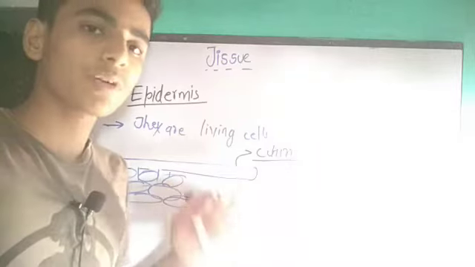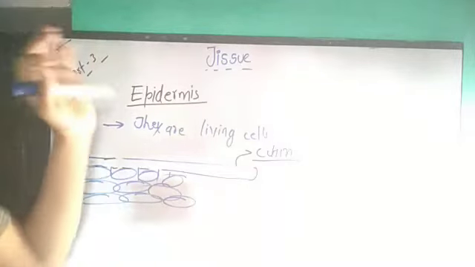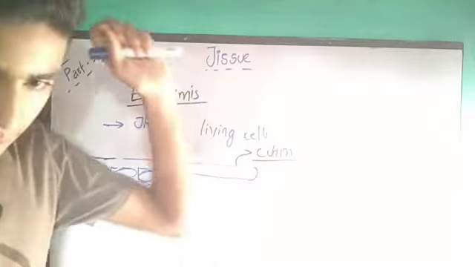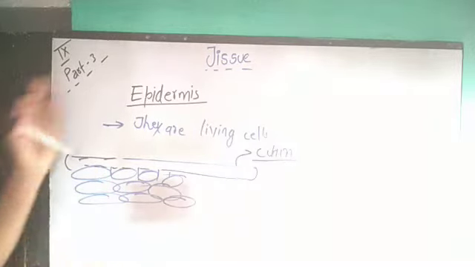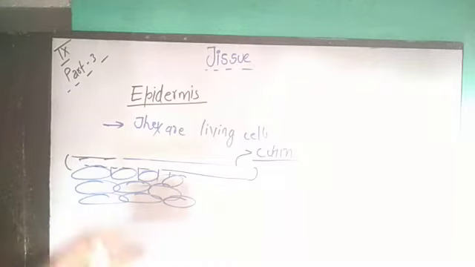It also protects the outer layer and acts as a protective cover for the plant. Because of the cutin, the epidermis is considered a hard part. The epidermal cells are living cells, and they are flattened in nature. As I told you, we can see in the diagram that they are mostly flat.